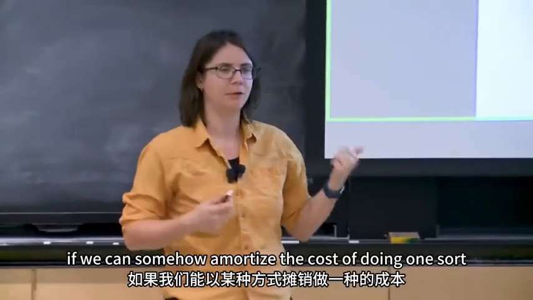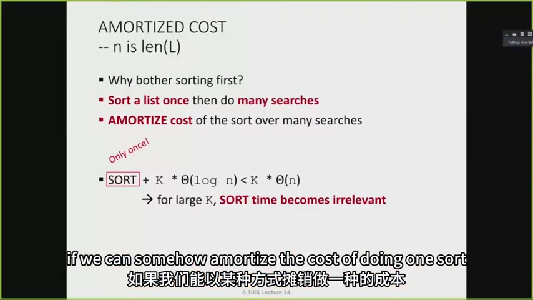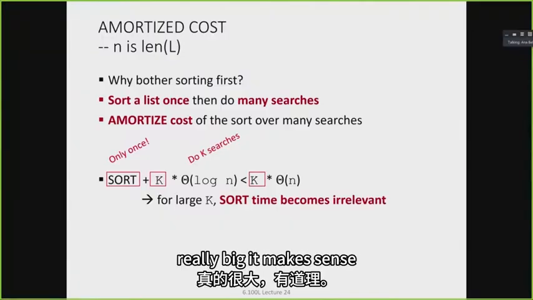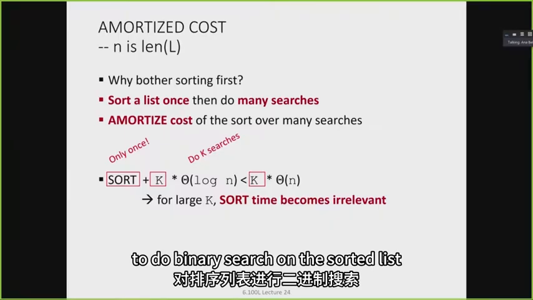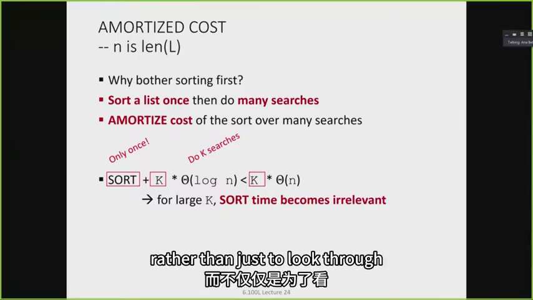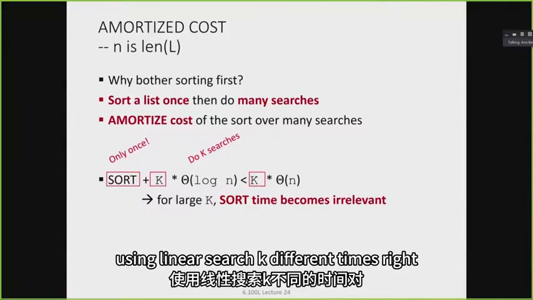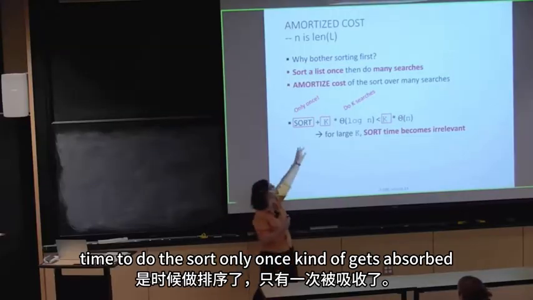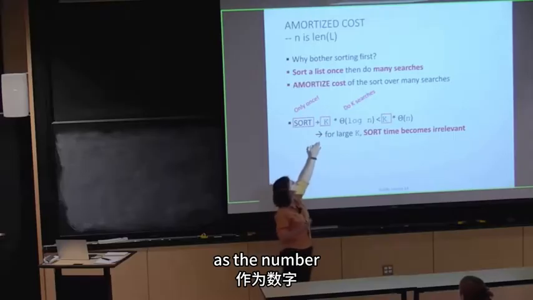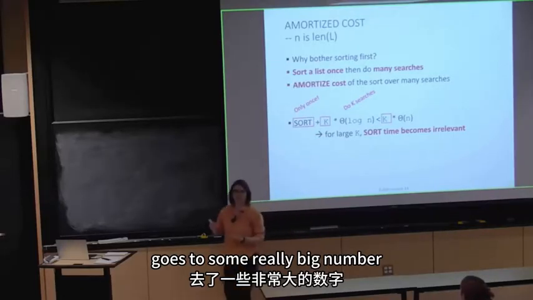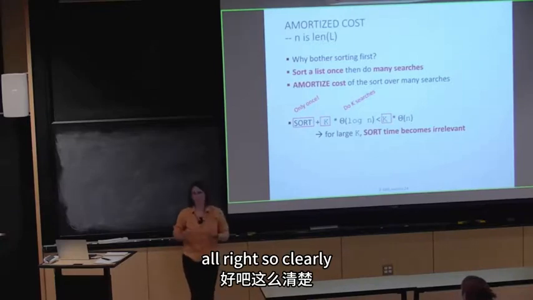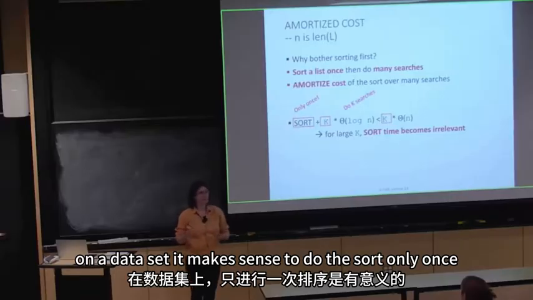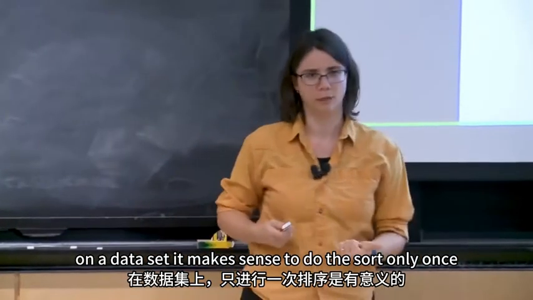So if we can somehow amortize the cost of doing one sort over k different searches, as k gets really, really big, it makes sense to do binary search on the sorted list rather than just to look through using linear search k different times. So then that time to do the sort only once kind of gets absorbed and goes to 0 as the k number of searches goes to some really big number. So clearly, we've shown that if you want to do many searches on a data set, it makes sense to do the sort only once.